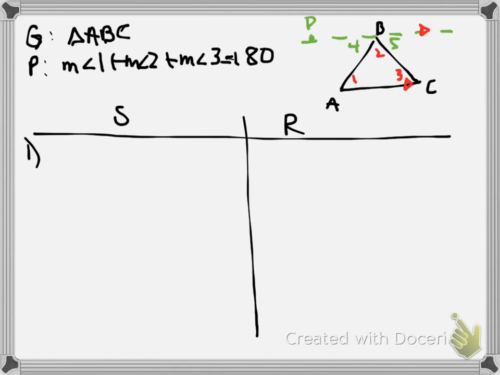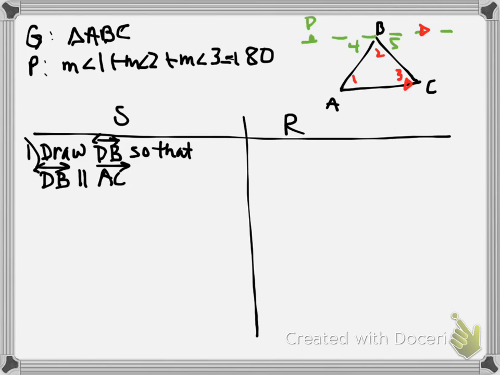So we're going to say exactly how to draw that line. So we're going to draw line DB so that line DB is parallel to line AC.